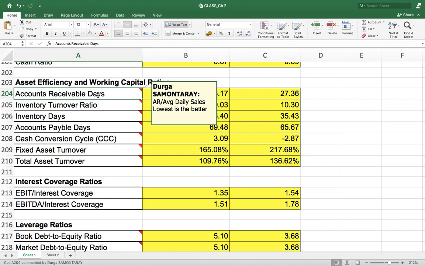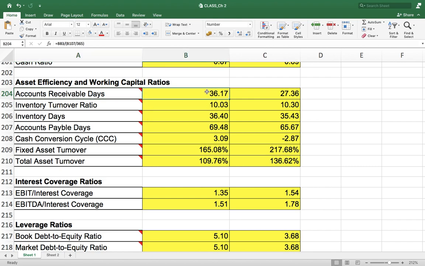So this way we can see the accounts receivable days. The formula is receivable divided by daily sales. How do we do that? Receivable divided by total sales divided by 365. So receivable, B107, divided by total sales, divided by 365. That will give you the accounts receivable days.